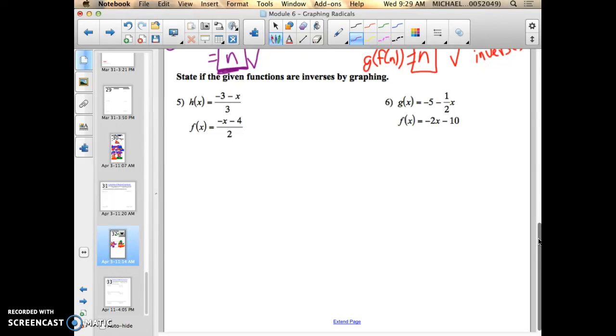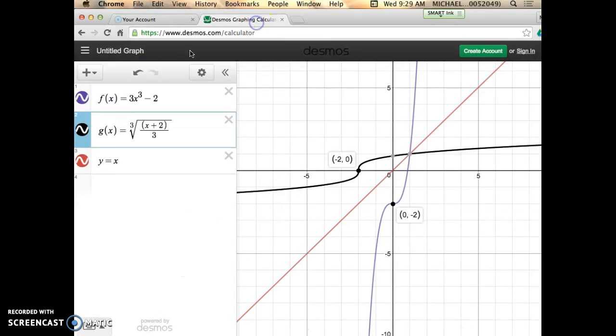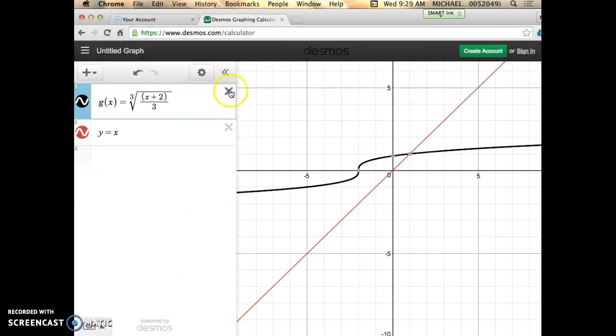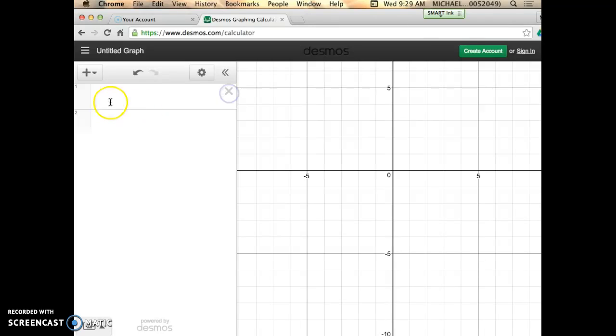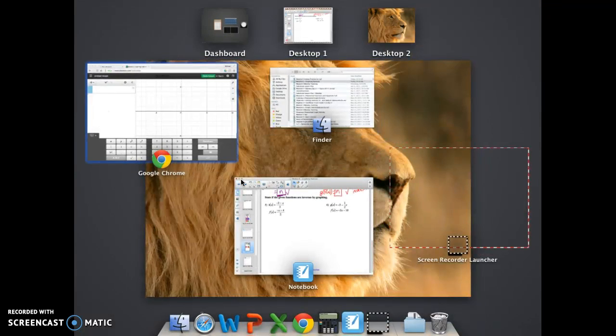So I'm going to graph number 5, and then I'll have you try to graph number 6 on your own. For number 5, you could either use your calculator for this, or go to Desmos, and I'm going to go to desmos.com. I'm already there, I have things open from previous videos. But I'm going to graph the first function, which is h of x equals (-3 minus x) divided by 3.